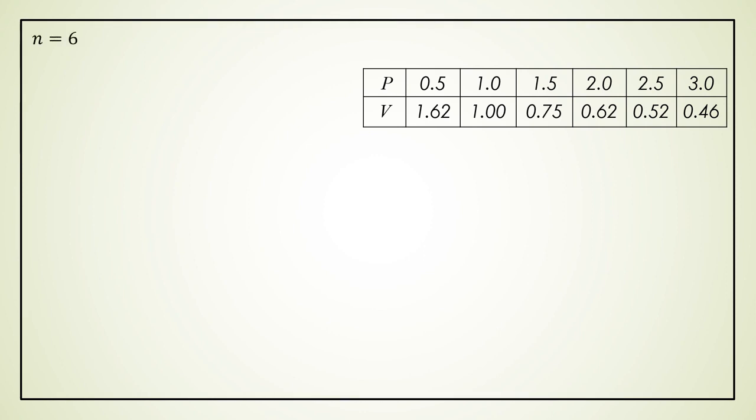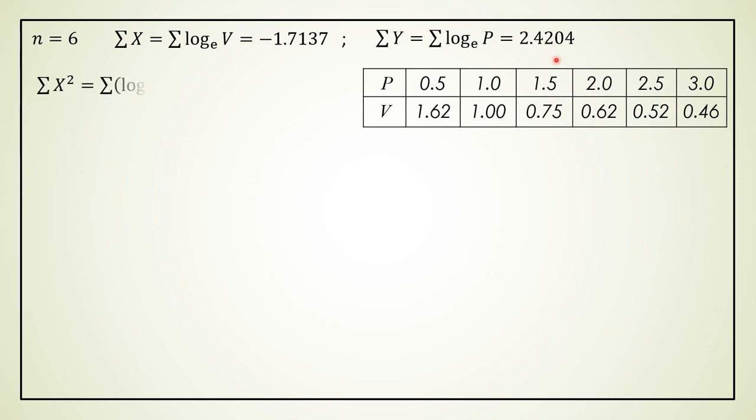Since they have given 6 data points, the value of n is 6. Summation of x, which is summation of log V, is equal to minus 1.7137. Summation of y, which is summation of log P, is equal to 2.4204.